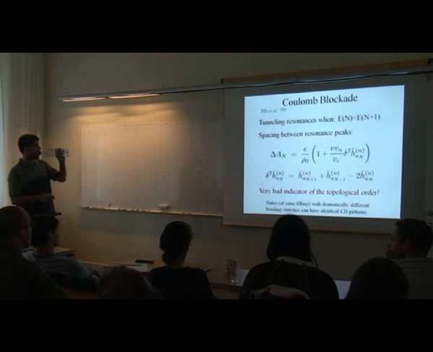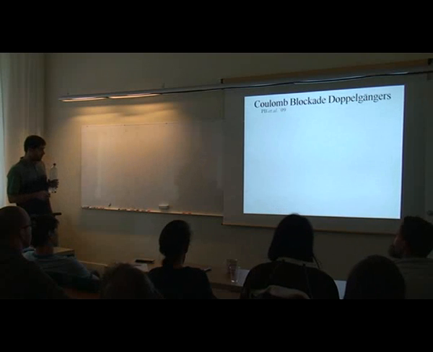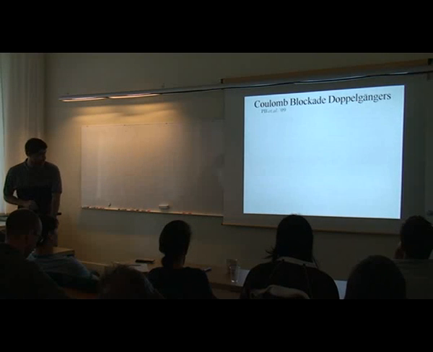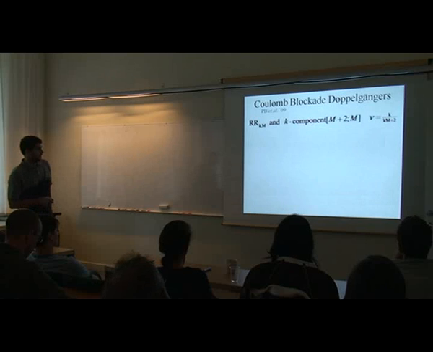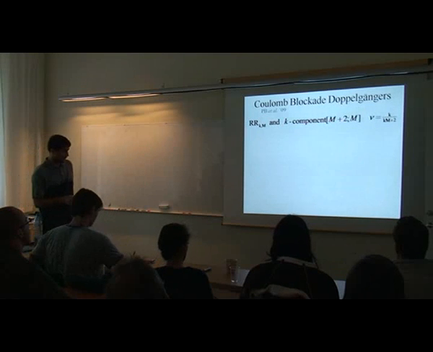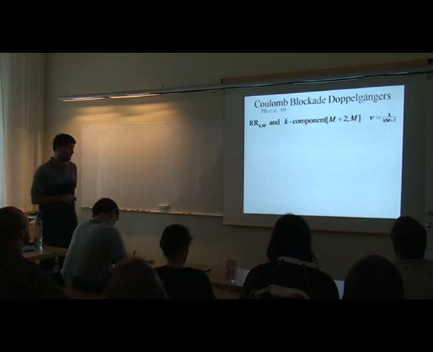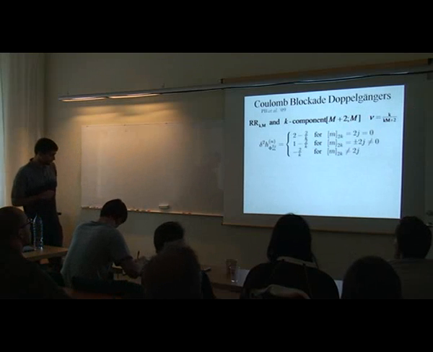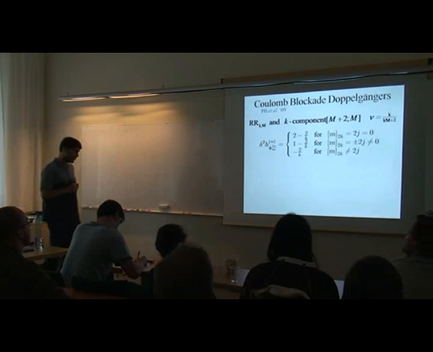Coulomb blockade signatures. In particular, I call such states doppelgangers because the idea is they look alike. And the entire Read-Rezayi sequence has doppelgangers given by the k-component m+1 m states, which occur at exactly the same filling fraction and produce exactly the same Coulomb blockade patterns.